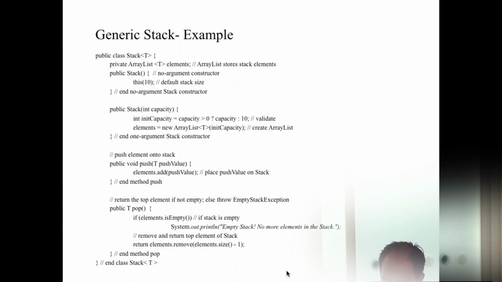But now you can use it even for long and the other data types. What do we have in this class? Of course, we need some collection type class that can hold the stack values. We were using arrays previously, but now we are using the array list. Then you have a constructor just for the size, and then we have the push and pop methods. Push is for inserting, and pop is to access or get something from the stack.